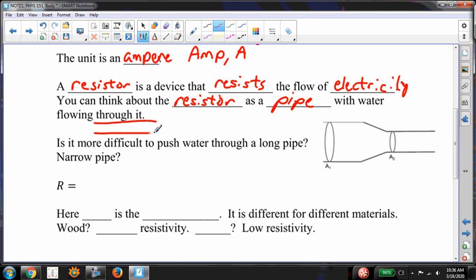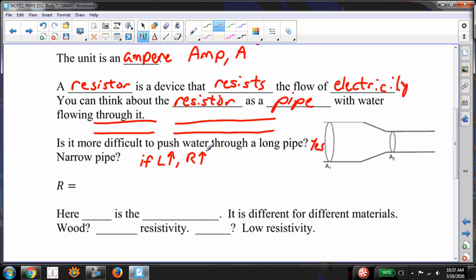If I have a short pipe or a long pipe, which one of those is harder to push a fluid through? Well, it's going to be more difficult to push water through a long pipe. So if I increase the length, if L goes up, then the resistance to the flow will also go up.